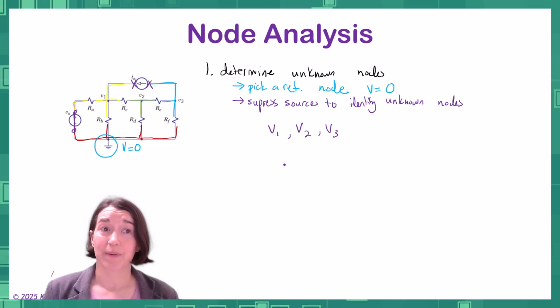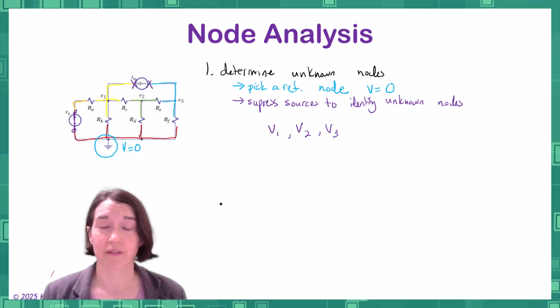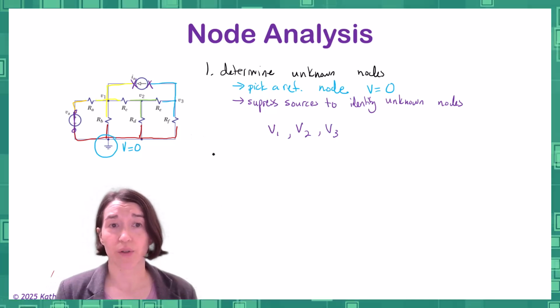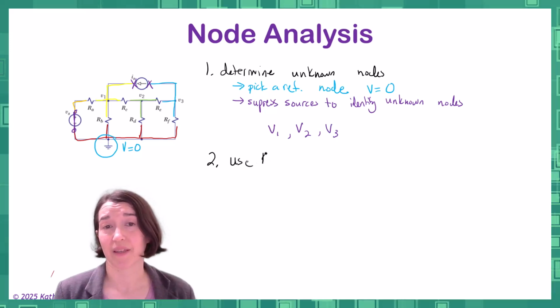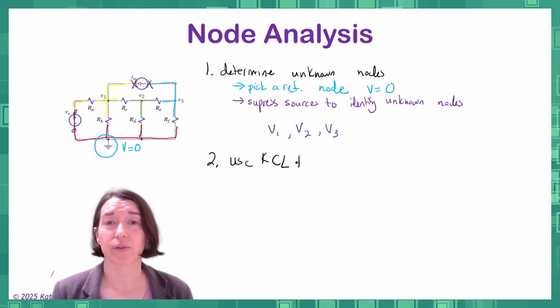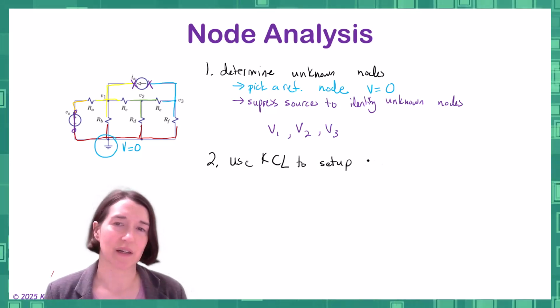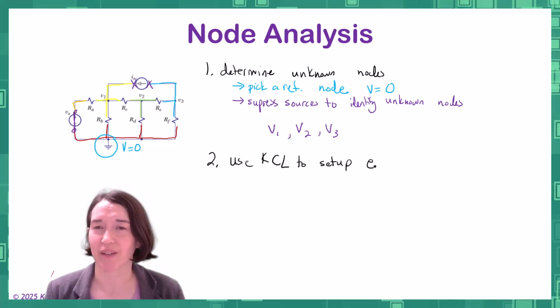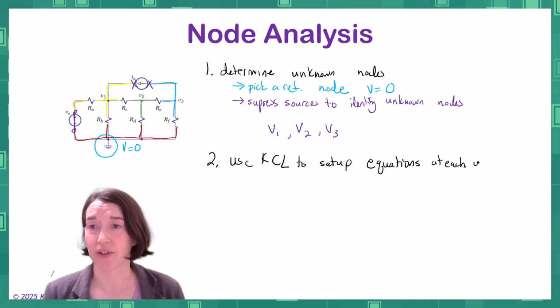The next step is to set up equations for this. So then we will use KCL, Kirchhoff's current law, to set up equations. And they are linearly independent, but I'll just put equations here, at each unknown node.